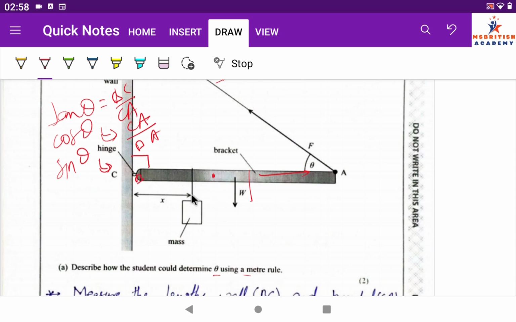But after we change the position of this mass, when it comes to the right of the center of mass of the bracket, the overall weight on the point A will increase. Therefore the weight about the point A increases, so force F will also increase.